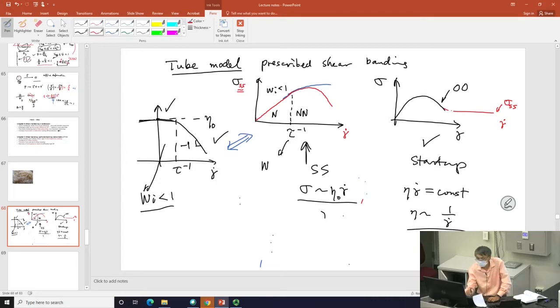I know I didn't draw as well as I could. Maybe a little bit too steep, but basically coming down. Okay? Have you ever, look, open your eyes. Have you ever heard of a material that, when you shear more, produces less stress in steady state?